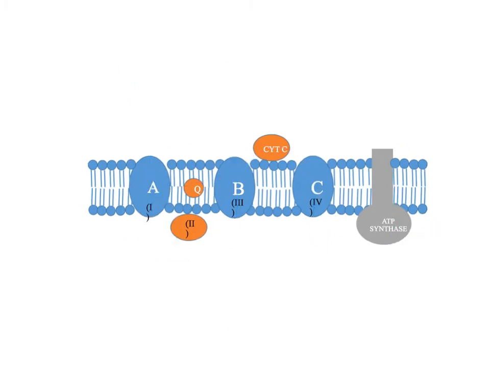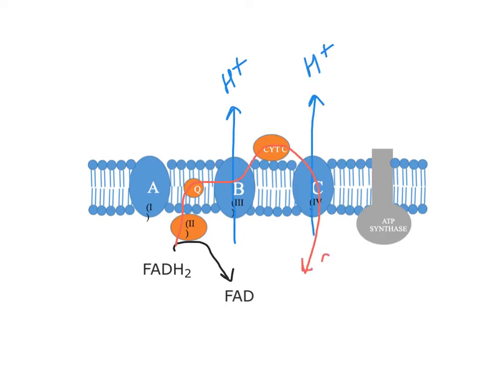Okay, so now using the same membrane, but just taking off the NAD so it's not confusing, we'll talk about FAD. So this one comes in on the second carrier, so it doesn't actually get involved with that first carrier. You can see the same process as before. It comes in, it oxidises the carrier, the electrons are moved along from B to C in the process, pumping protons across the membrane, and those protons can then flow back through the ATP synthase, and then we've got our electrons and protons in the matrix.